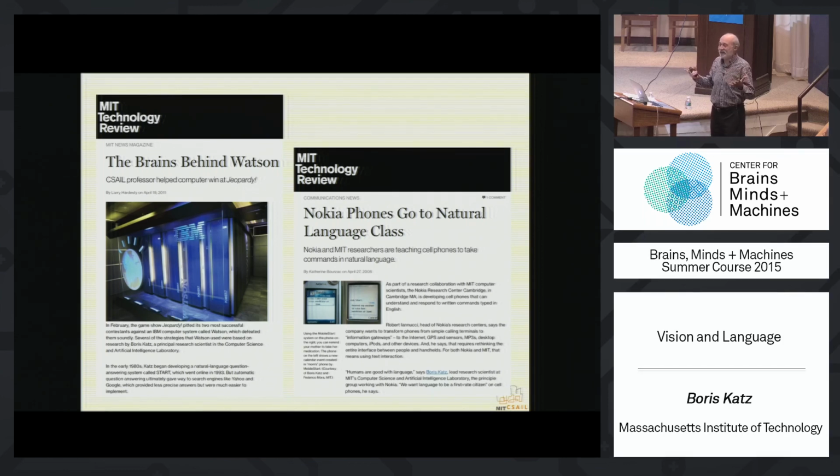There was no such thing as iPhone. So this was a vanilla phone that all it did was make phone calls. Of course, it also had a camera, and texting, but it really didn't do much more. And we decided it's time to connect it to language. So we convinced a company to fund us to do that.